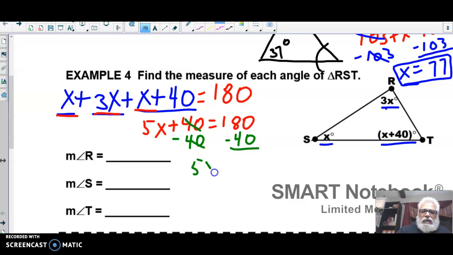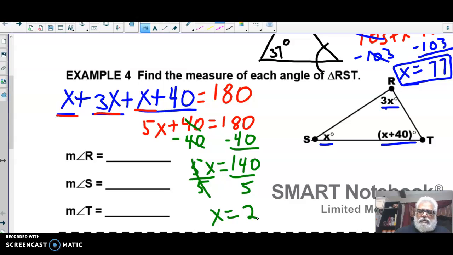I get my 5x equals 140. Divide by 5. And my x is 28.